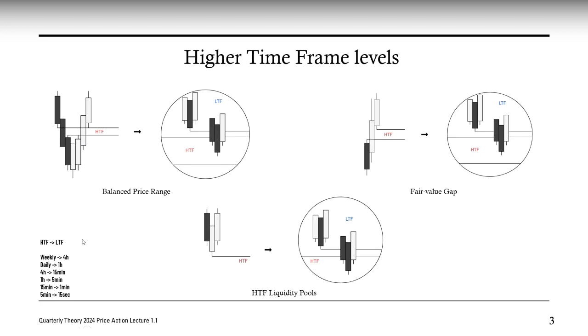But the best setups will have the low right above the imbalance or right above the higher time frame level. So you need like a 15-minute low above a 4-hour balanced price range, right? And that will give you a proper setup. The same thing goes for the fair value gap.